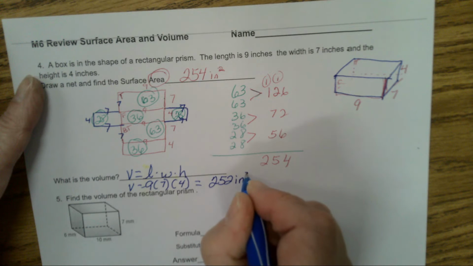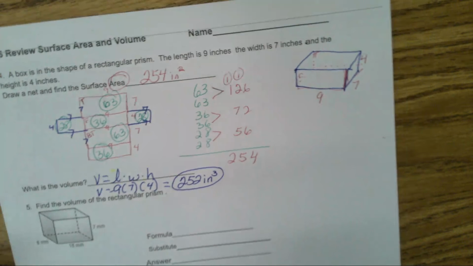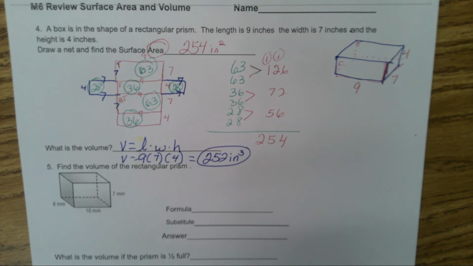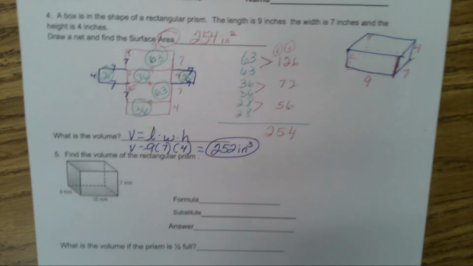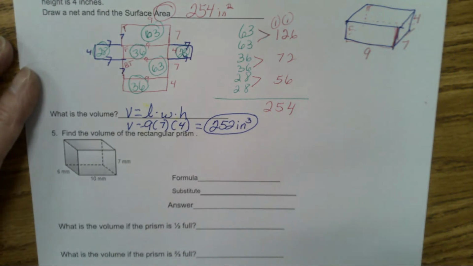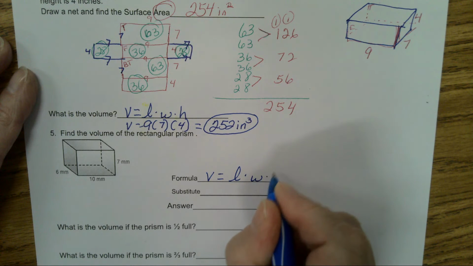Inches cubed. All right. Now, if it's just a straight line, it's inches. If it's area, it's inches squared. Volume is inches cubed. Find the volume of the rectangular prism. Volume equals formula, length times width times height.